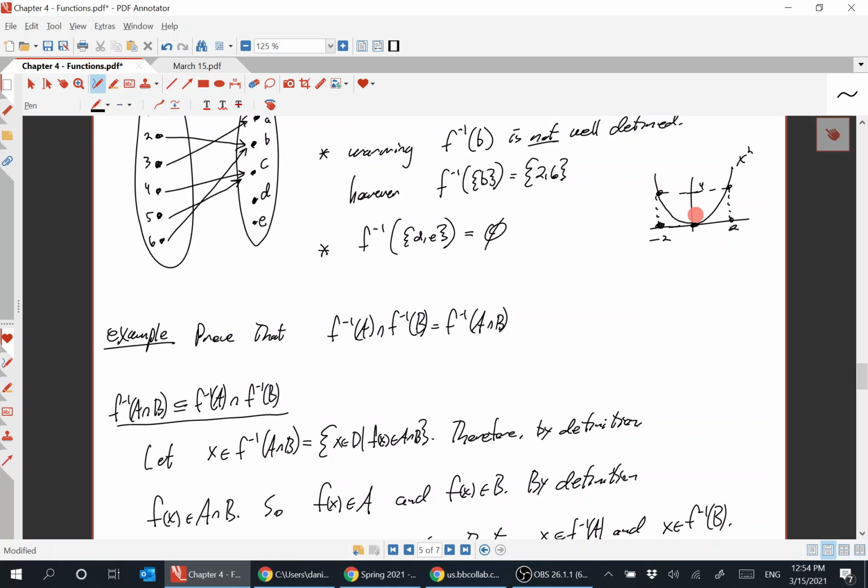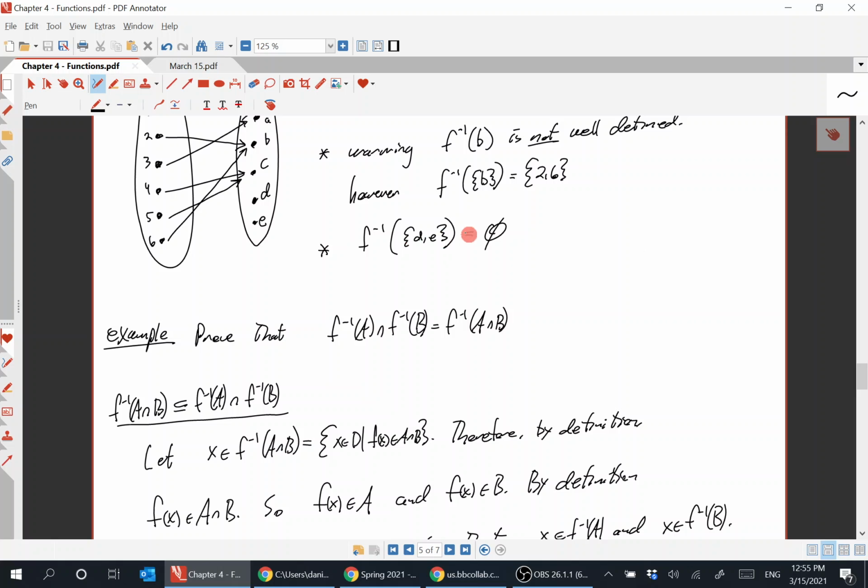Well, given the geometry here, we have this notion that it should be the positive number, the positive root. But in general, you don't necessarily have notions of geometry and solving equations and all these other special motivations.